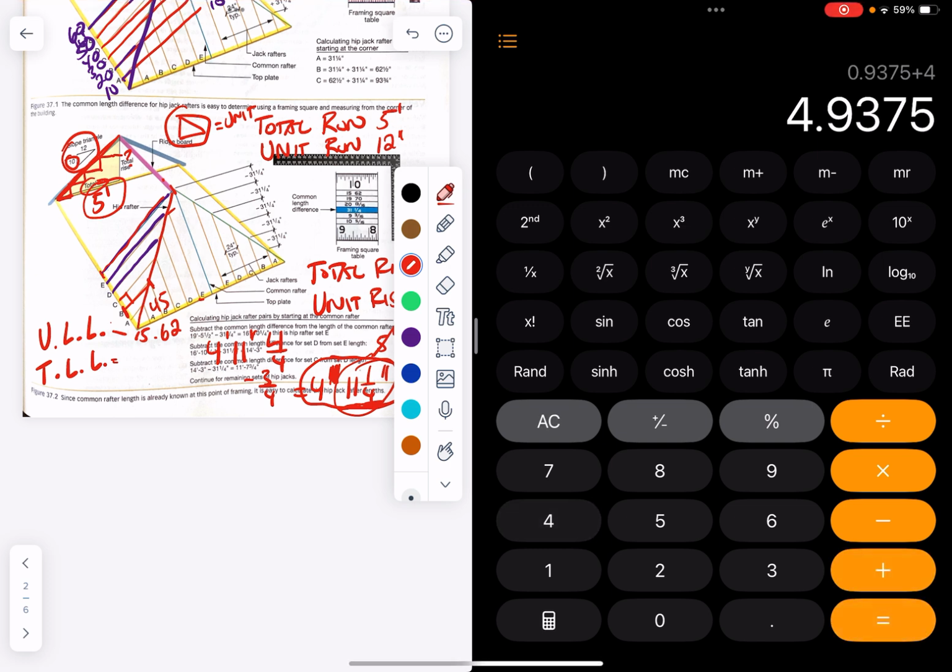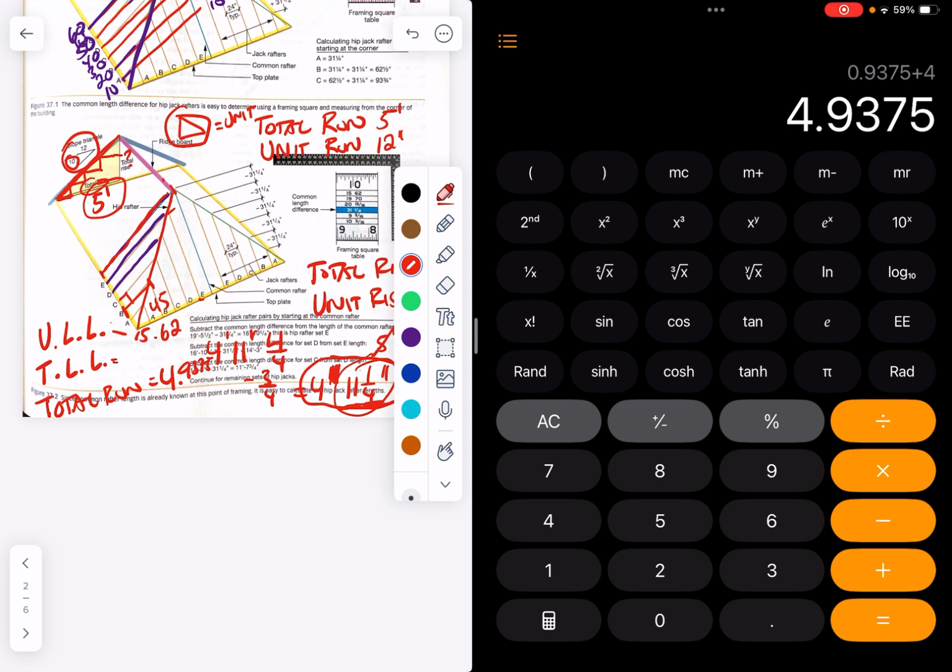So now we know that our total run is 4.9375 feet.